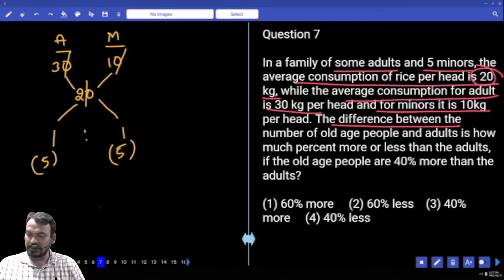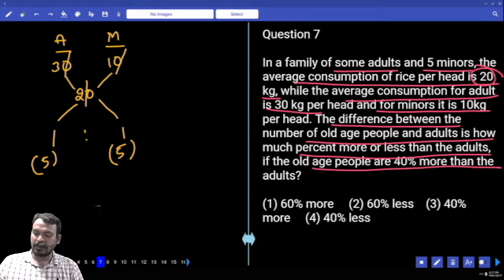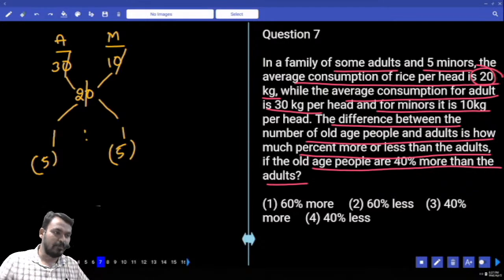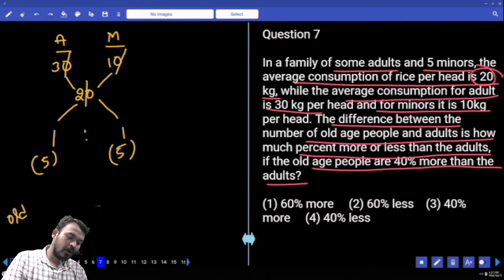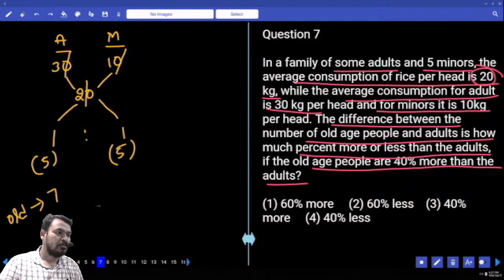The difference between the number of old age people and adults is how much percent more or less than the adults, if the old age people are 40% more than the adults. Already adults are 5 members, so old age people are 40% more. 40% of 5 is 2, and 5 plus 2 is 7.